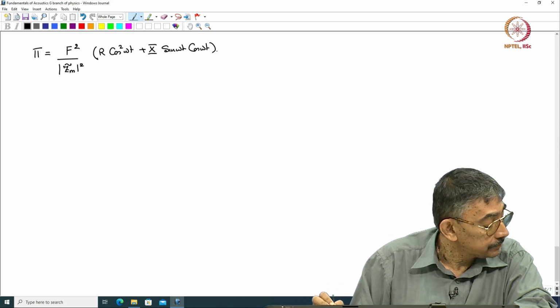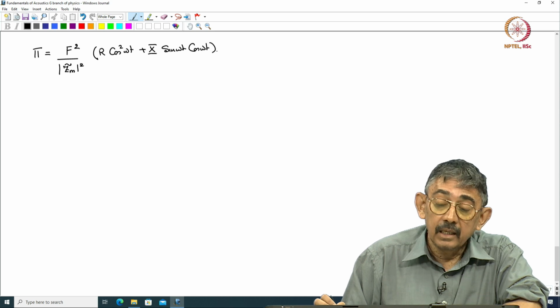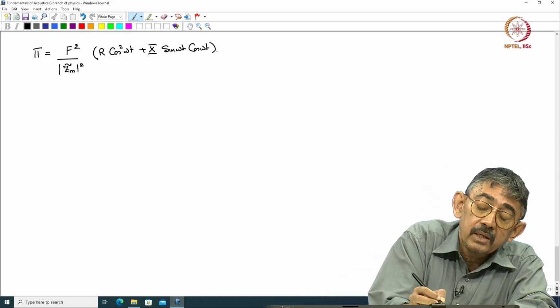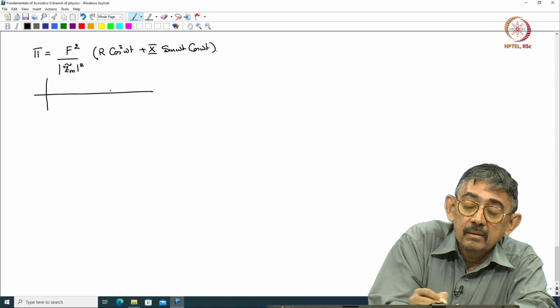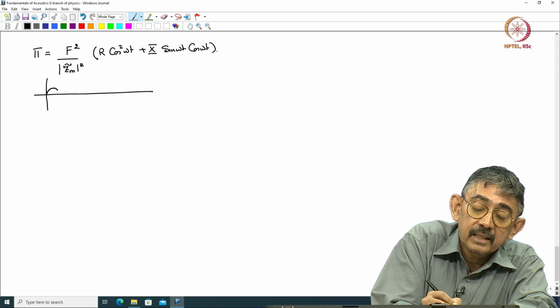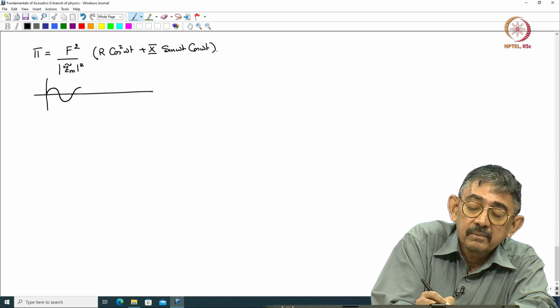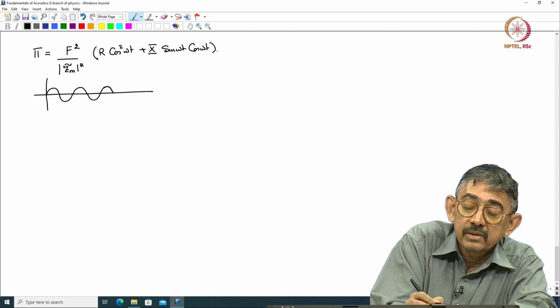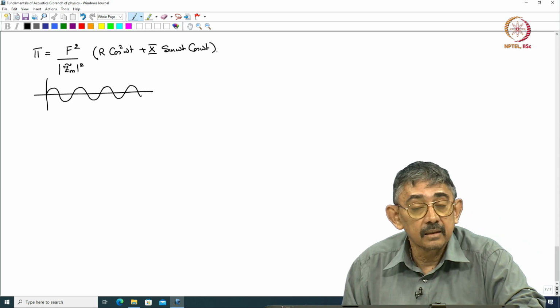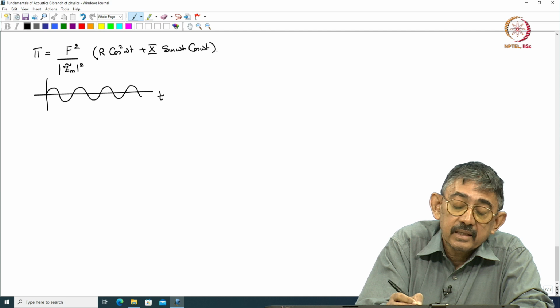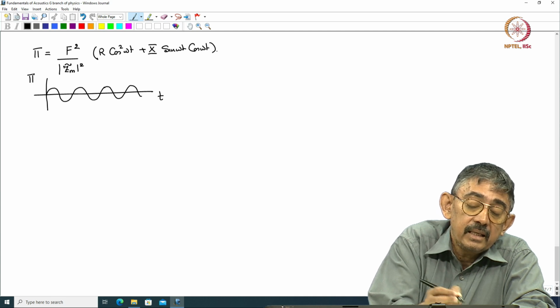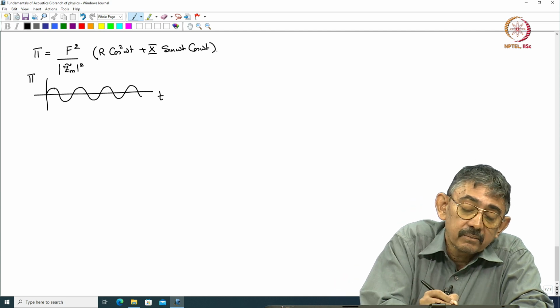Now power will have some positive part, some negative part, some positive part, some negative part, and this will be going at twice omega. So what does it mean, this is a function of time, that you have positive portions and negative portions?